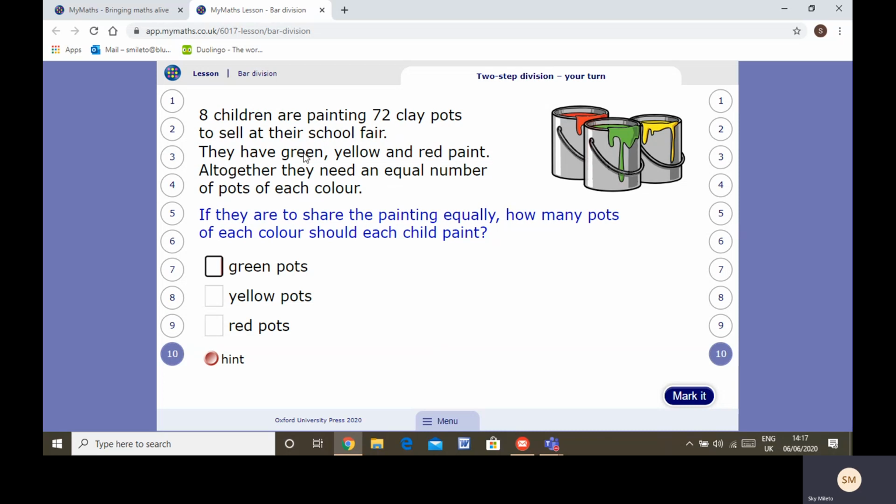Now, each child needs an equal number of green, yellow, and red pots. So they need 9 divided by 3 colours, and 9 divided by 3 is 3. So they would need 3 green pots, 3 yellow pots, and 3 red pots.